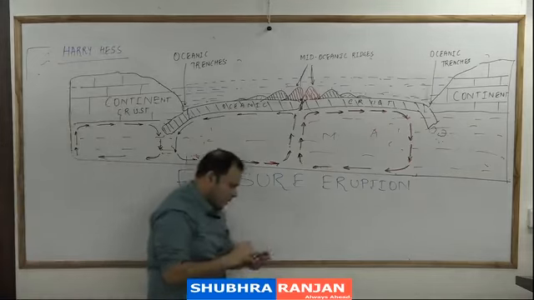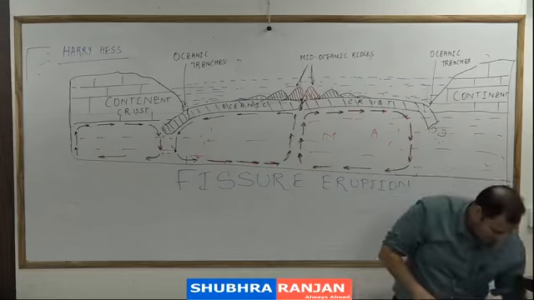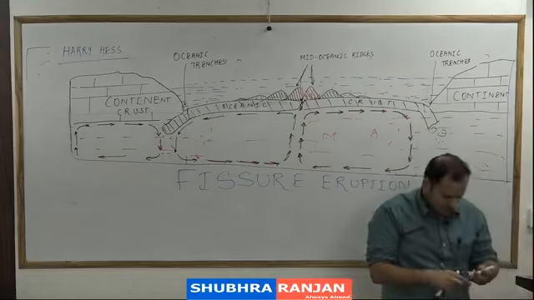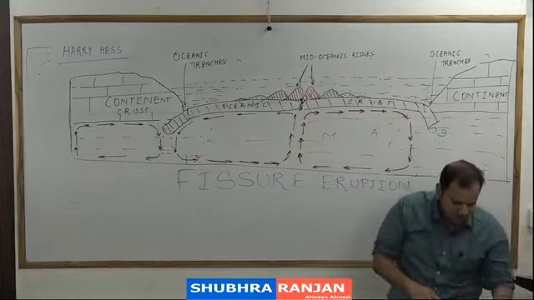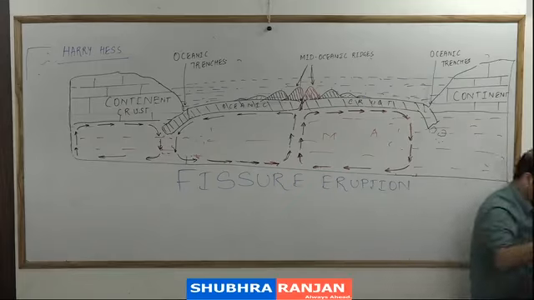According to the seafloor spreading theory, the ocean floor behaves like a conveyor belt.